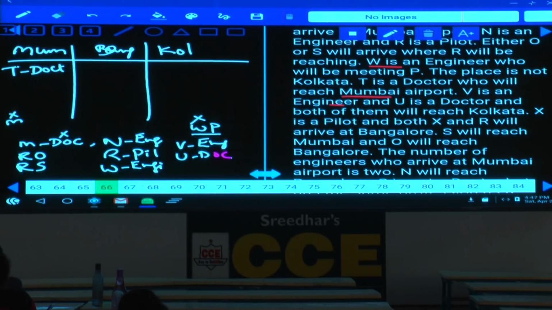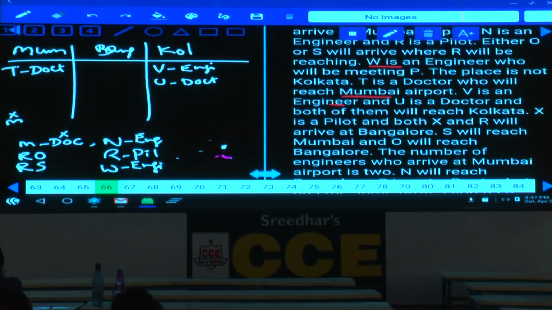And who are those 2? U and V. Now U and V are reaching Kolkata. Now we have used this information, hence forget about this information.